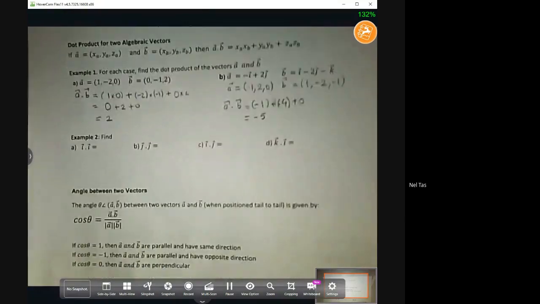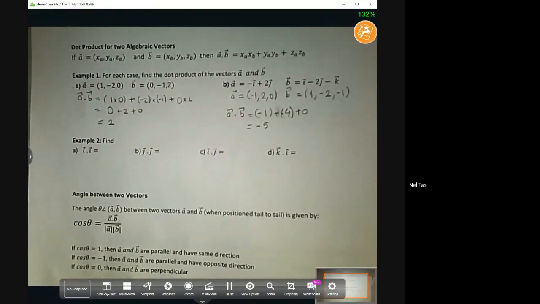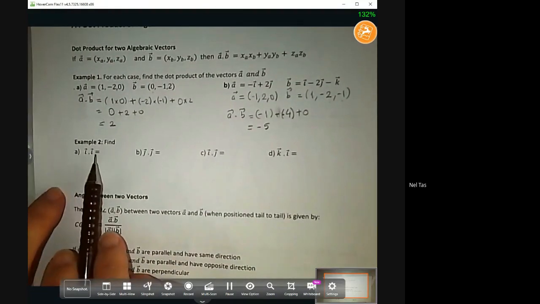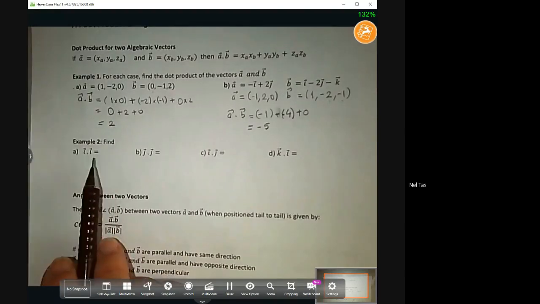All right, now let's look at example 2. We have I dot I. You can use the geometric vectors method here or the algebraic vectors method. So let's use algebraic first.